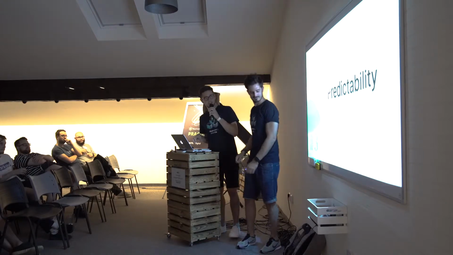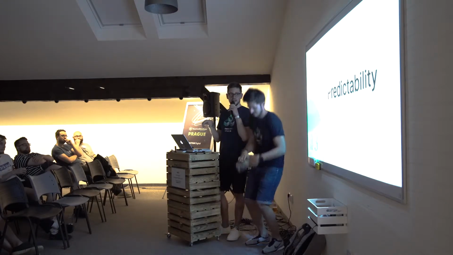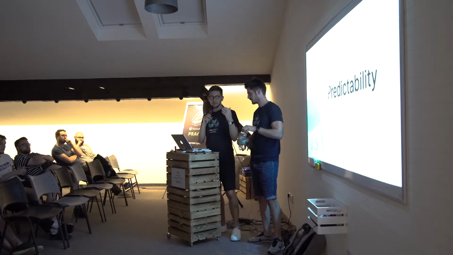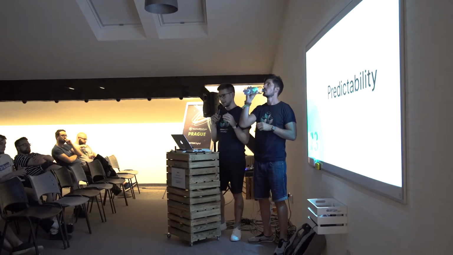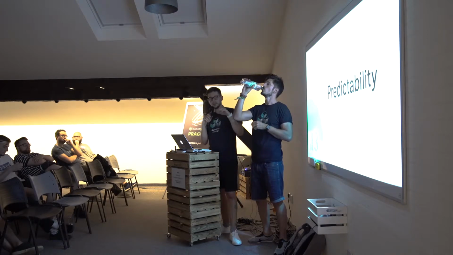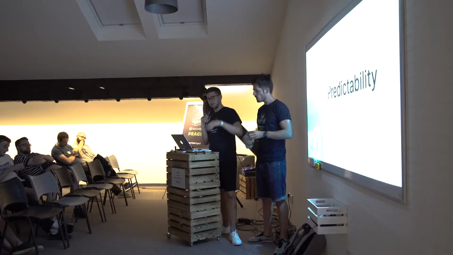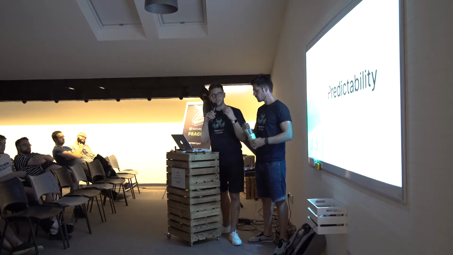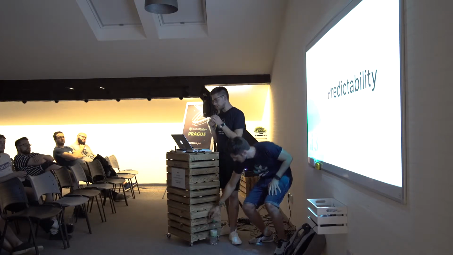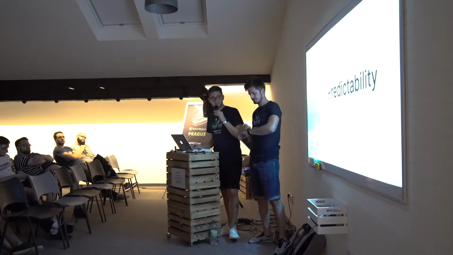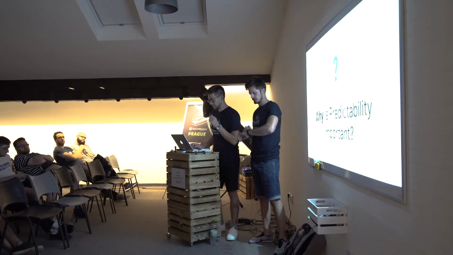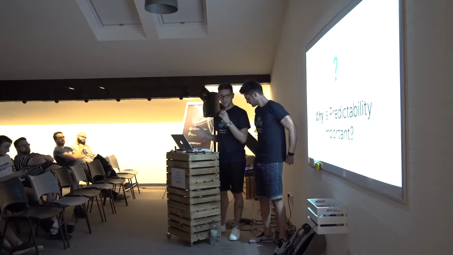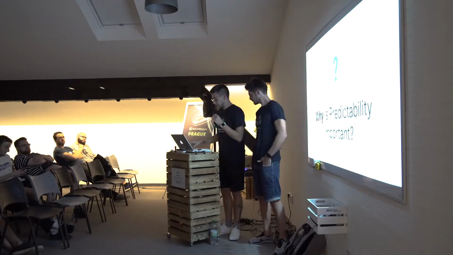Okay, so the first two aspects have been pretty simple actually. In our opinion, the next three are the actual exciting points of building good components. And the first one is predictability. Thinking about predictability, we may again ask why it is important.